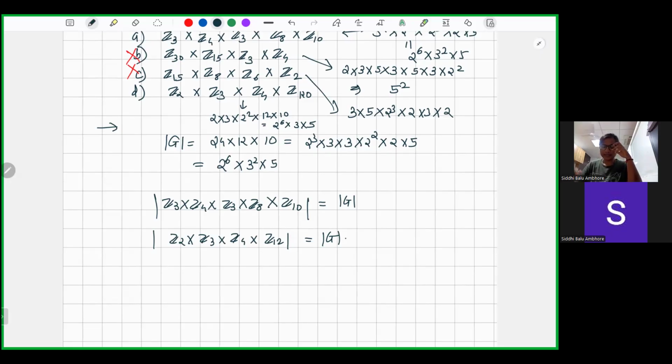What I'm saying here is that the moment cardinality is equal, the structure theorem is purely based on the cardinality of a group.